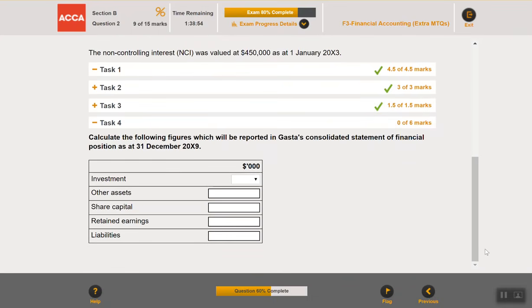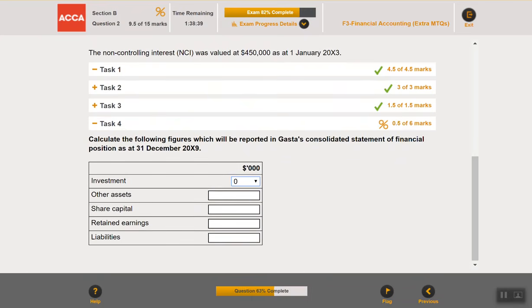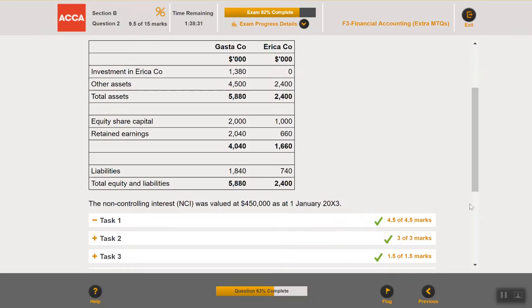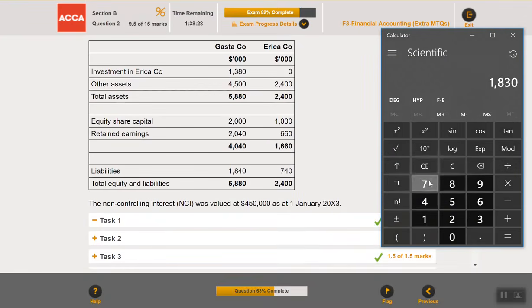Calculate the following figures, which will be reported in Gusta's consolidated statement of financial position as of 31st December 2019. Investment should be 0 because it is internal. Other assets should be combined. So 4,500 plus 2,400. Remember, we take 100% of the parent, 100% of the subsidiary, which is 6,900.